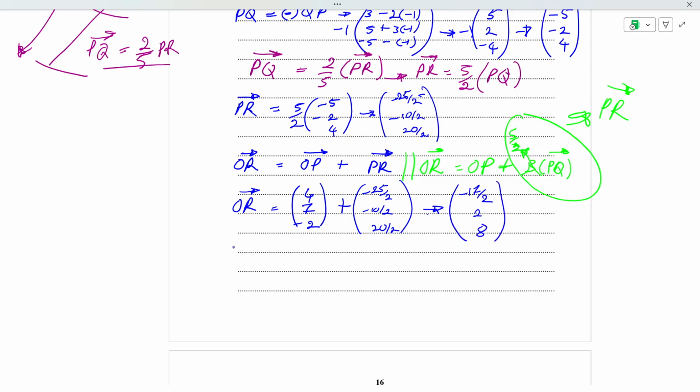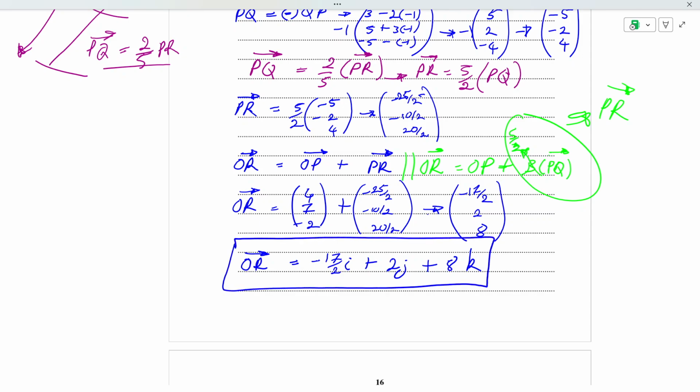And then you want to write it in position vector form. You have to write the final answer as negative 17 over 2 i plus 2j plus 8k. If you don't write it in this form, you're not going to get the last mark. And then when we've done that, we would have completed that question.